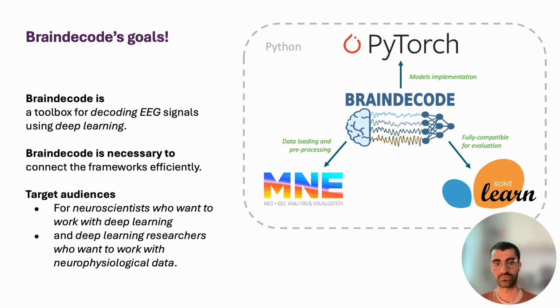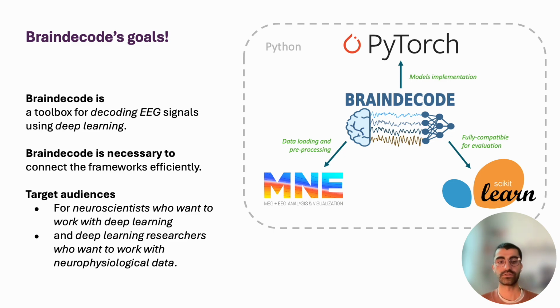BrainDecode is really meant for two main target audiences. Either you're a neuroscientist that wants to start working with deep learning models. We will make that easier for you because you will have a collection of deep learning models available to you with just a few lines of code very easily.